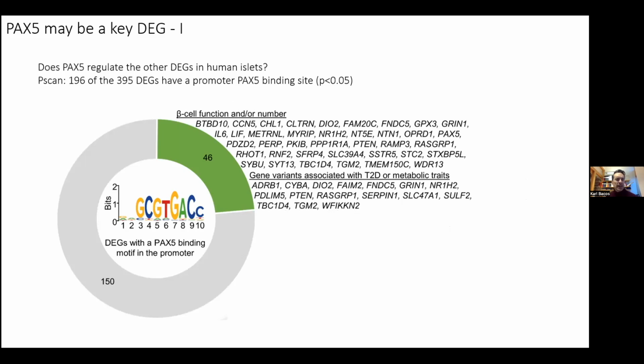And 196 of our 395 differentially expressed genes have a putative PAX5 binding site in the promoter, and this is a significant enrichment. And we did a literature study on these 196 genes, and a quarter of them have been found either to affect beta cell function and or number, or have gene variants associated with type 2 diabetes or other metabolic traits. So these are also some important genes.